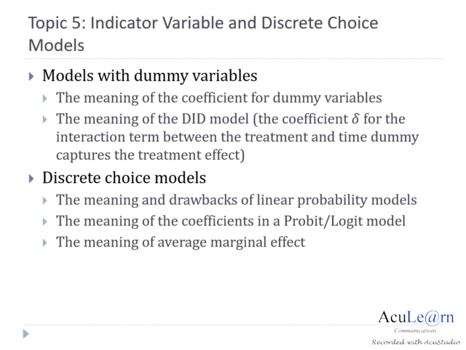In that case, if you are told the average marginal effect of an estimation, you can at least make some rough estimation. If I tell you the average marginal effect of a probit or logit model is 0.03, then on average when x increases by 1 unit, the probability will increase by 0.03 or 3%. So that's the use of average marginal effect.